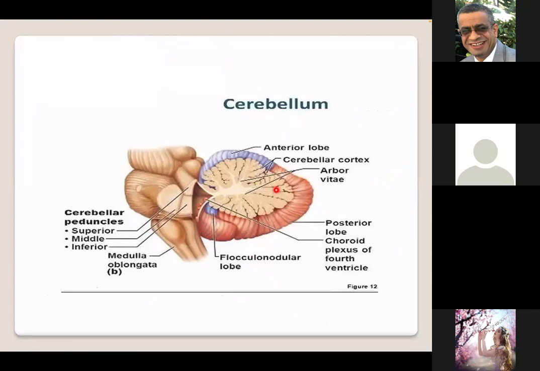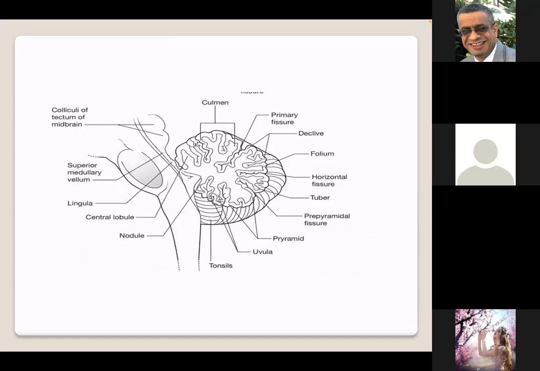Also, it's like a brain, with cortex and medulla, and connected to the midbrain, pons, and medulla by three peduncles: superior, middle, and inferior peduncle. This diagram also shows the choroid plexus of the fourth ventricle. The fissures divide the cerebellum into two lobes.